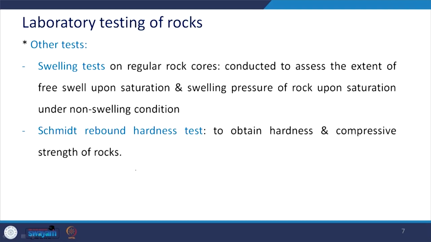Then in this series, the next test is the swelling test on regular rock cores. This is conducted to assess the extent of the free swell upon saturation and the swelling pressure of the rock upon saturation if it is under a non-swelling condition.